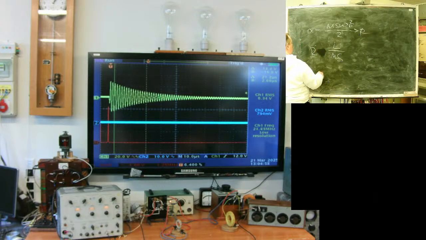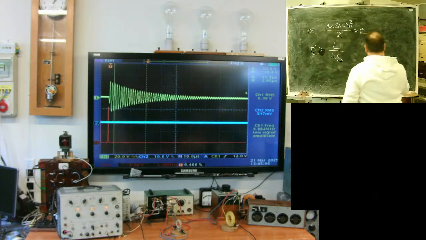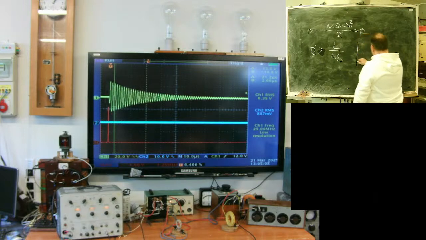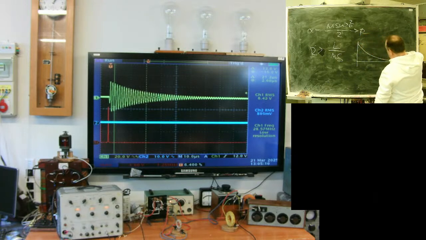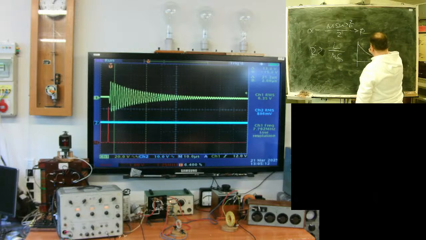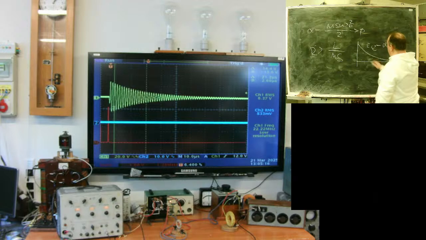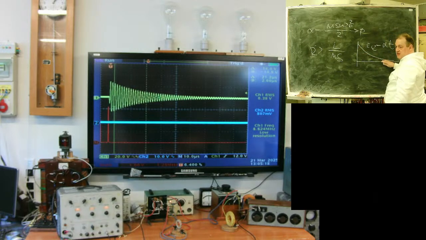So if alpha is in the power of e, then this other thing is also power, yeah? No. We are dealing with alpha in the power. We have a very simple process, capacitor discharge: e to the minus alpha t. Alpha is a constant of decay.